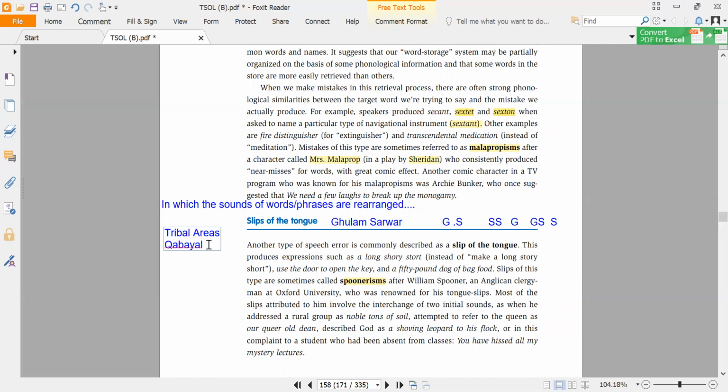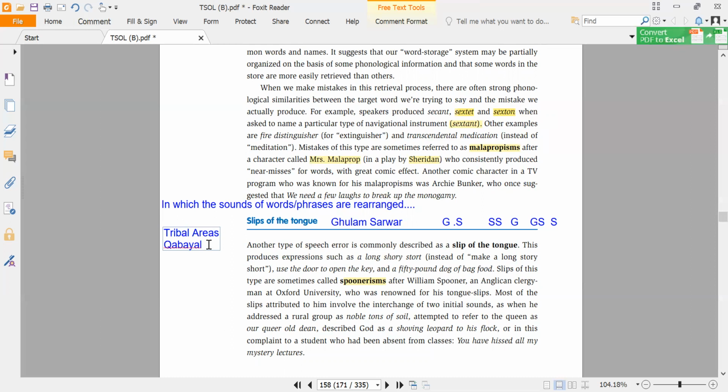He wanted to say tribal areas, and in his mind there was the word Kabail. So what did he do? He took this consonant sound, tra, from the English language. But instead of tribal, he said trabile, right? So here he inserted the diphthong, the I sound.